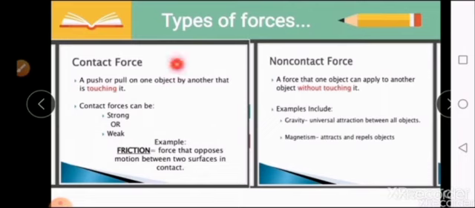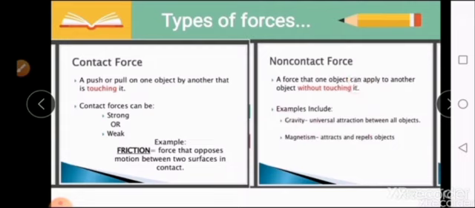Whenever a force is acting between two bodies and they have a physical contact between them, you call it a contact force. Non-contact forces means that even if they don't have any physical contact between them, there is still a force acting between them. For example, the gravitational force between two bodies, or magnetism.